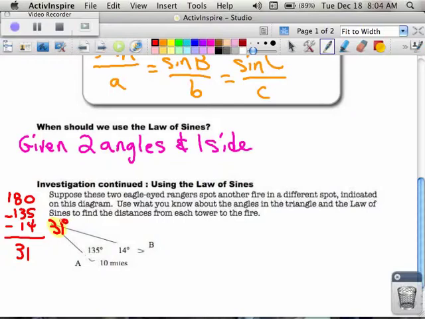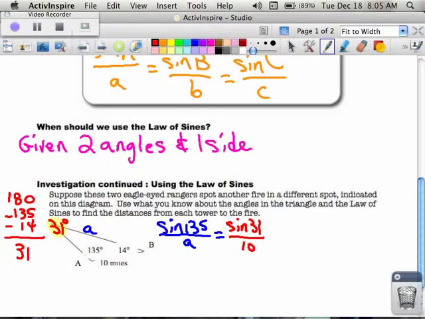Let's say that I'm looking for the side over here, the very longest side across from the 135 degree angle. I'm going to call that little a because it's across from capital A. If I want to find that little a, I know the sine of 135 over little a should be the same relationship as the sine of that 31 degree angle over the side across from it, which was 10.